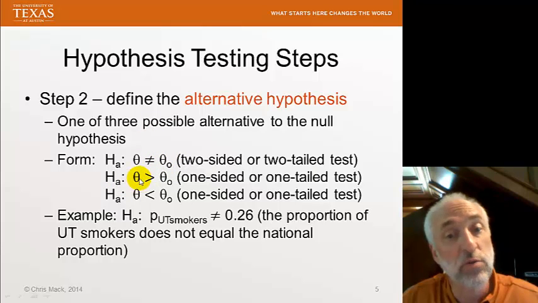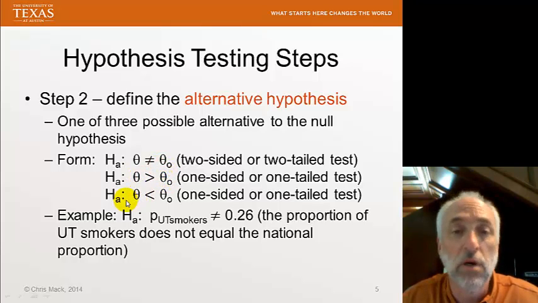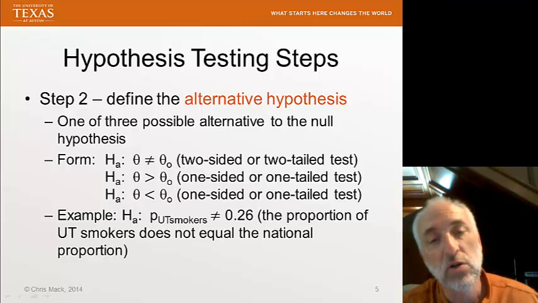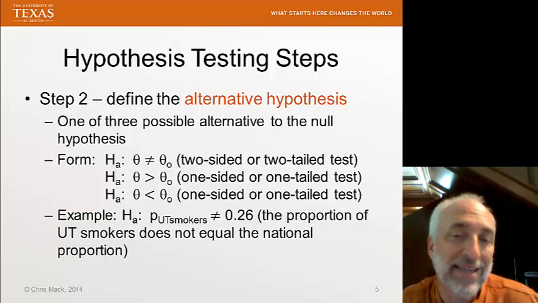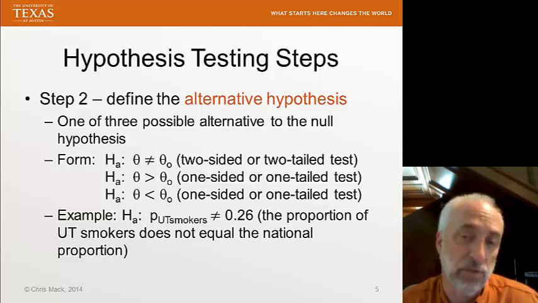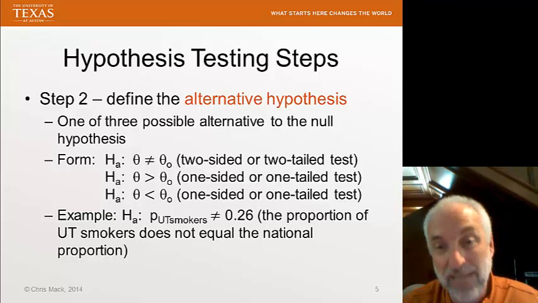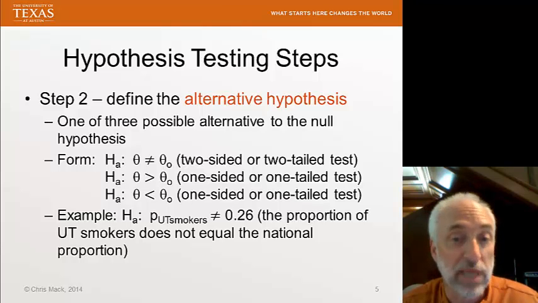Or we could assume the parameter is greater than this value, or we could assume the parameter is less than this value. Depending on the alternative, we will have either a one-sided or a two-sided test, sometimes called a one-tailed or a two-tailed test. As we go through the hypothesis testing steps, I'll explain what that means.